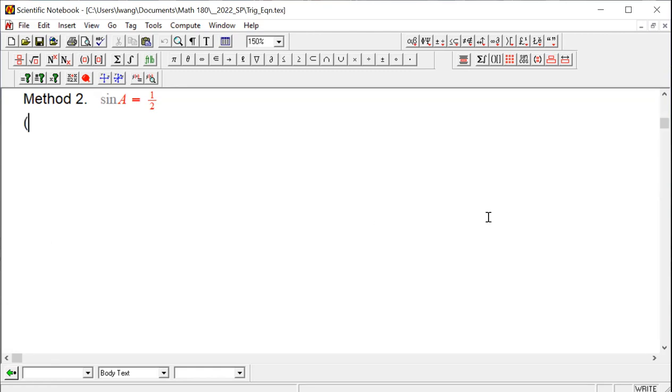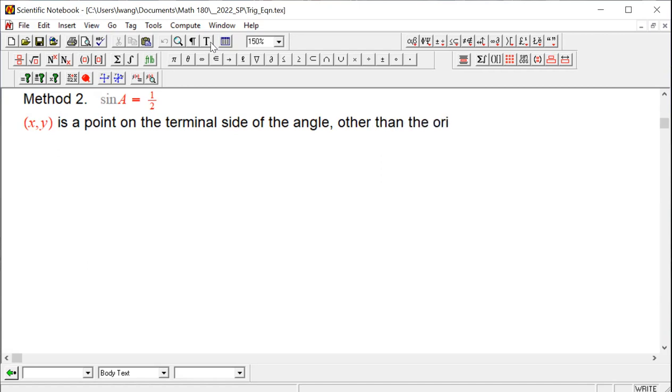The definition says x comma y is any point on the terminal side of the angle other than the origin, and R is equal to the square root of x squared plus y squared.